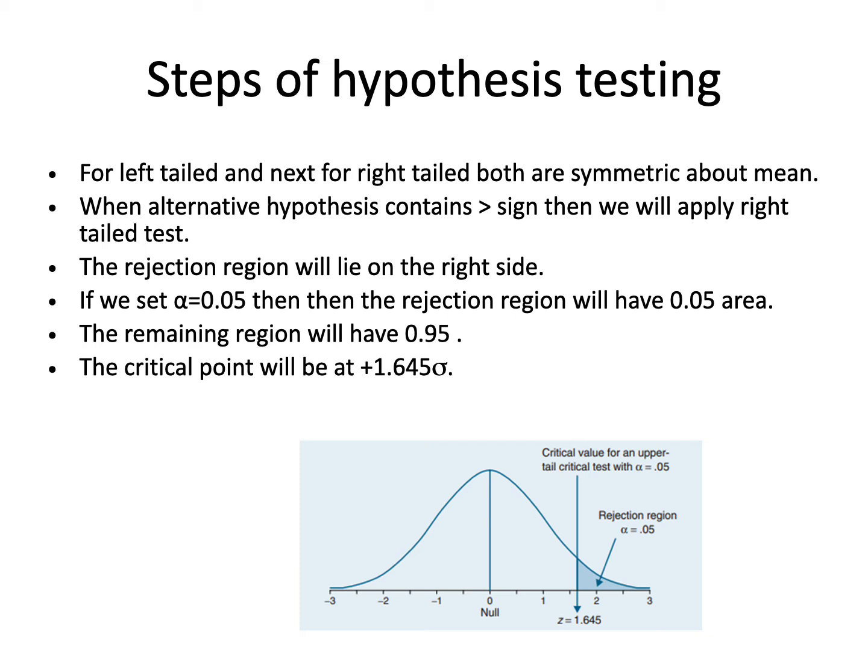If we set alpha equal to 0.05, then the rejection region will have 0.05 area, and the remaining region will have 0.95, and the critical point here is 1.645 of sigma.